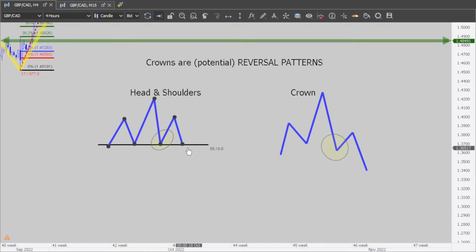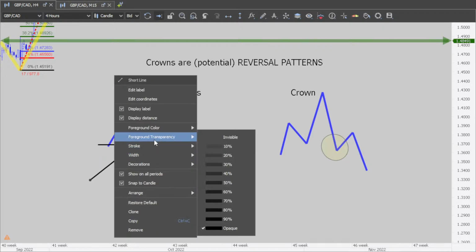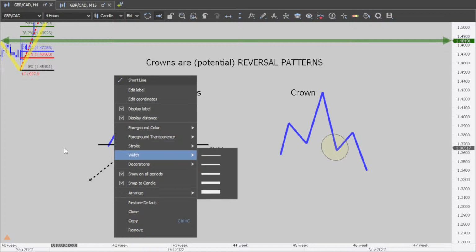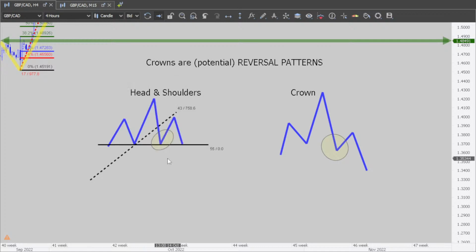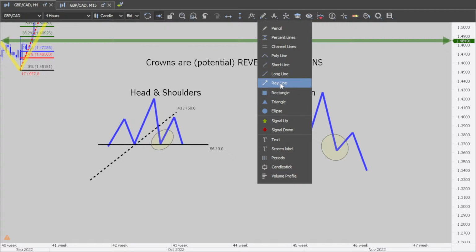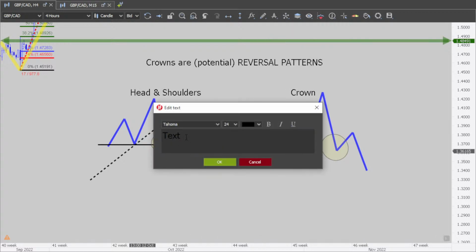Those are areas, but most likely, even if you have a trend line, right? Head and shoulders, so this is the trend line. Okay, so the low is at the same price level.